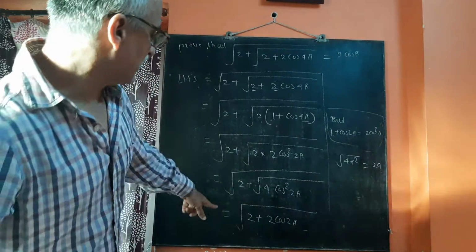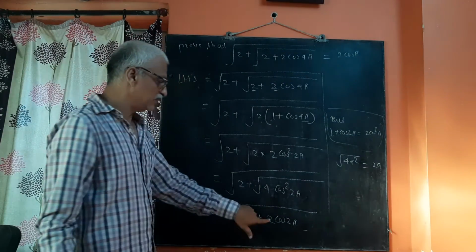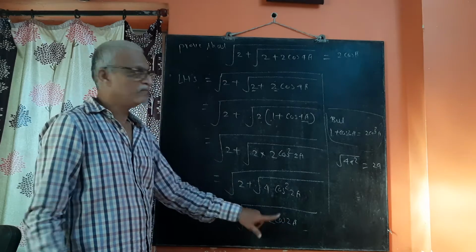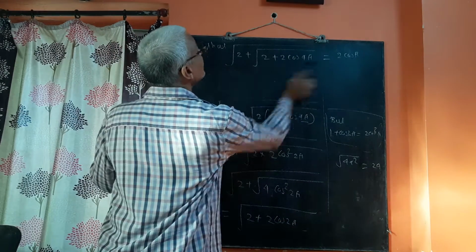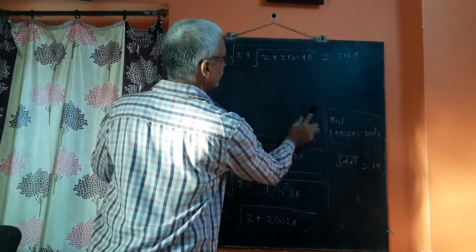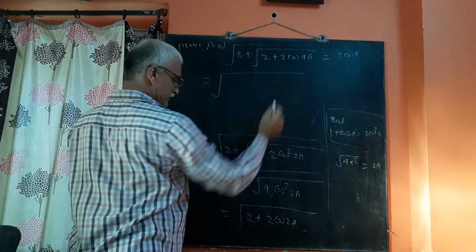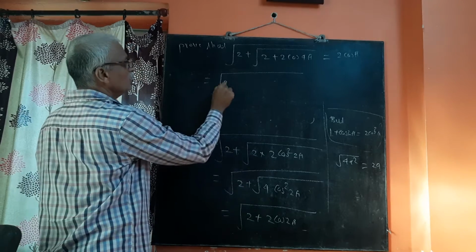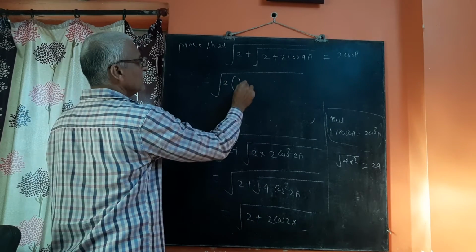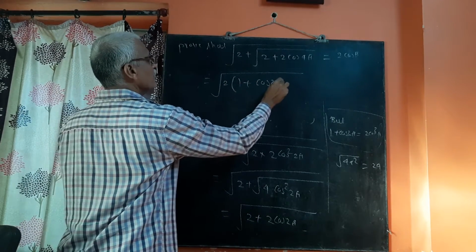Now again, from that 2 plus 2 cos 2a, we can take 2 common. Taking 2 common, the remaining is 1 plus cos 2a.